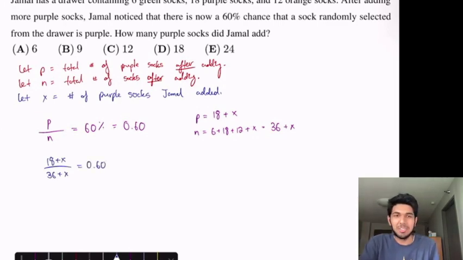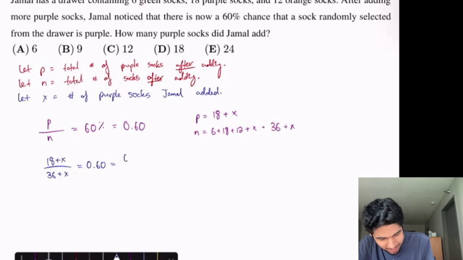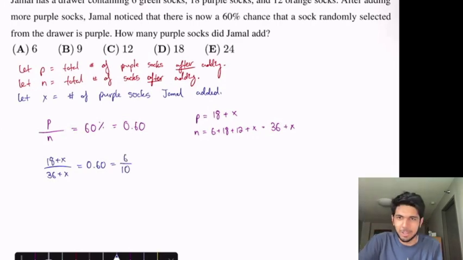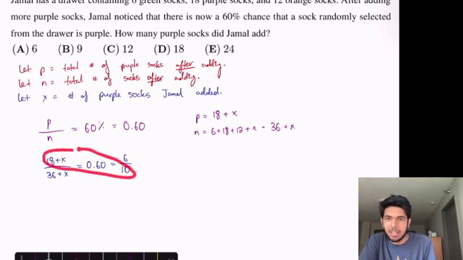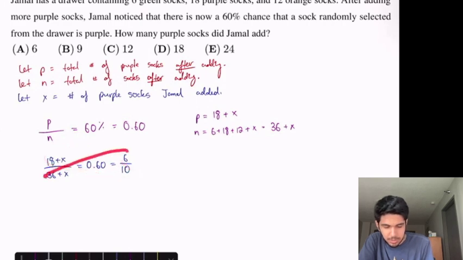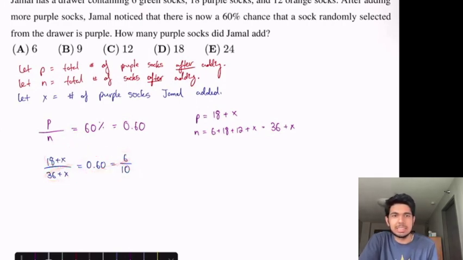I don't really like working with decimals, just because multiplying integers with decimals can be challenging for me, and subtracting and adding decimals is not my cup of tea. So I'll convert this into a fraction, 6 over 10 or 3 over 5, whatever you want. Now we just have an equation with one variable, and the way we can solve this is to do some cross multiplication. We multiply these two together and set that equal to the product of those two. It's the same thing as multiplying the denominator on both sides.